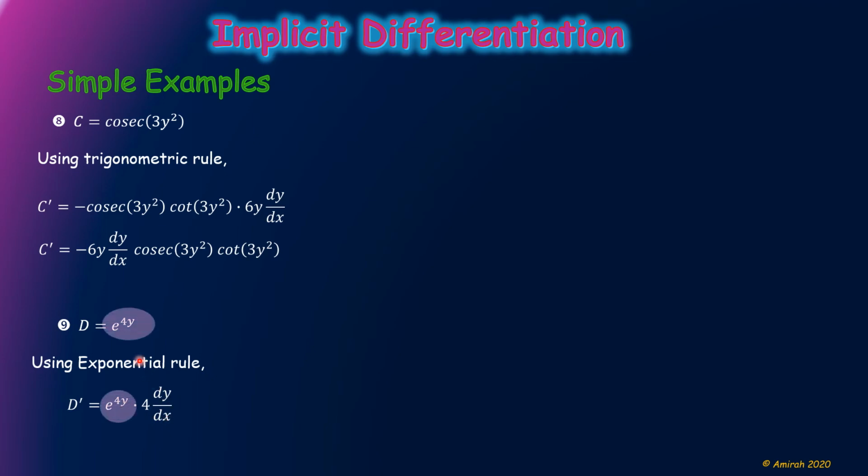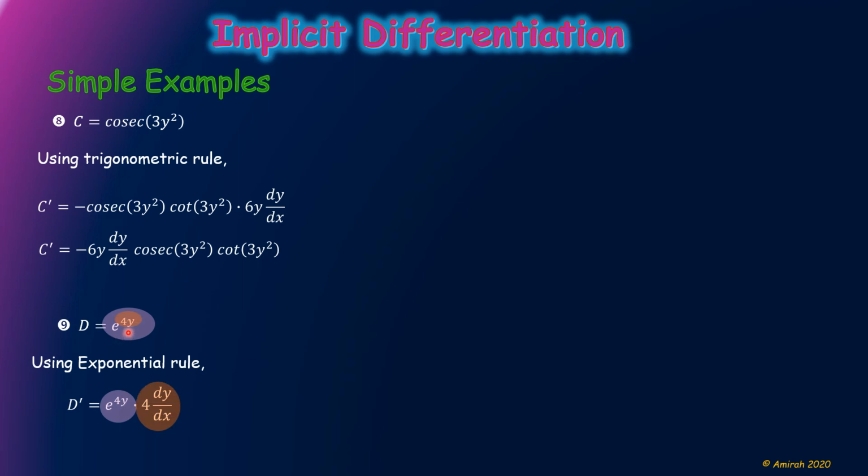The steps are, when we differentiate e to the power of y, we can refer to the formula for the derivative of e to the power of single x, and we get back e to the power of single x. So when we differentiate e to the power of 4y, we will get back e to the power of 4y.